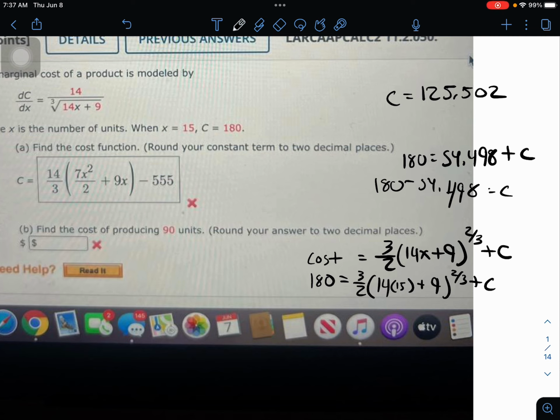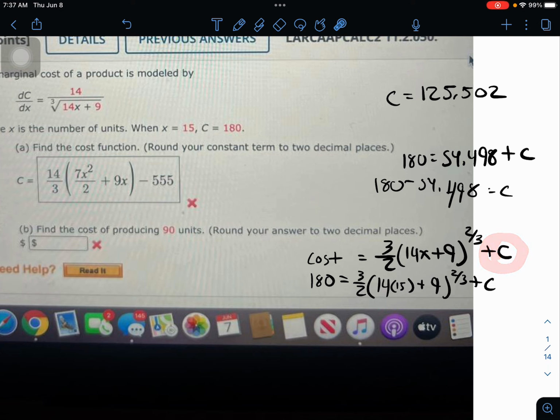I'm going to write it out. Let me see, right here. Here's what I'm doing. We just figured out what the c is equal to. So I now know what this c is equal to. Remember, this was what we got when we did the integral. But to get the entire cost function, I had to solve for this c.